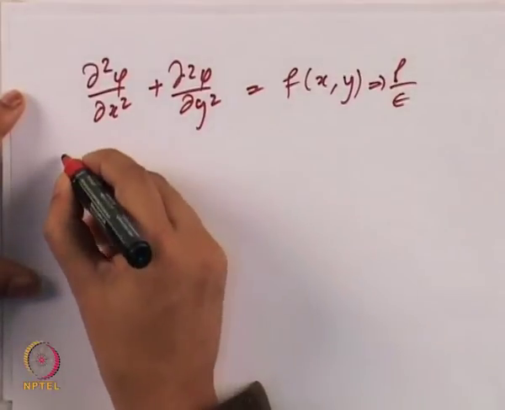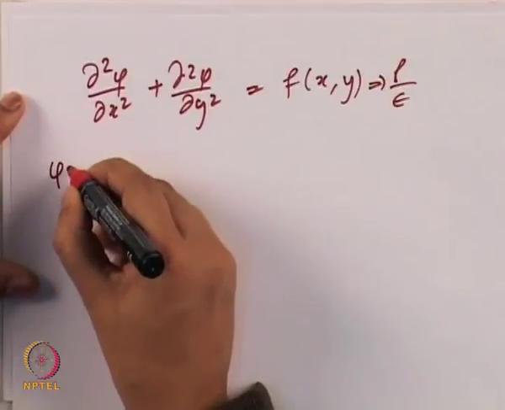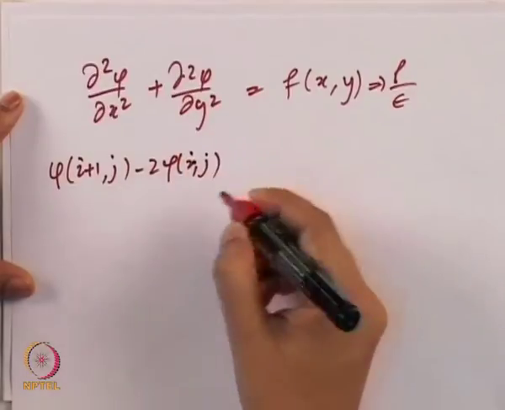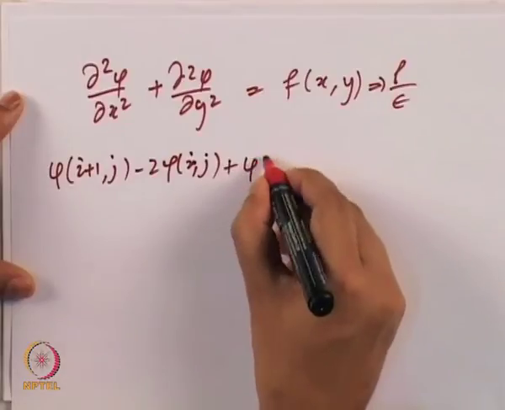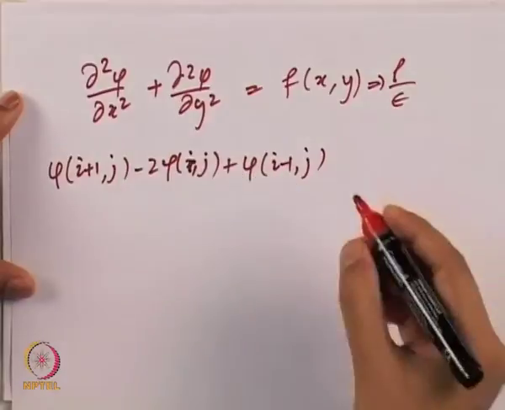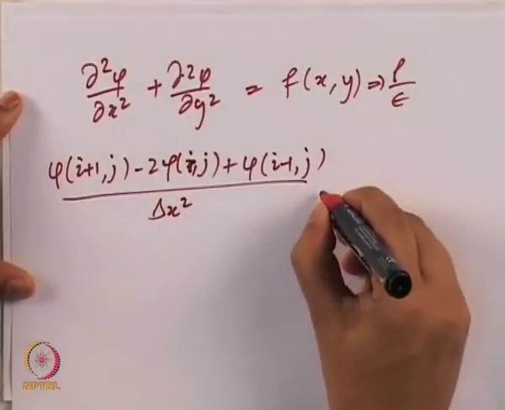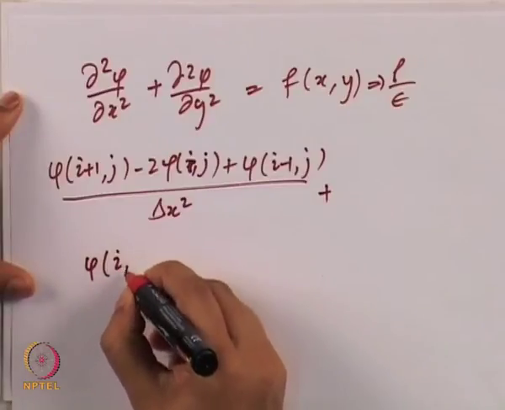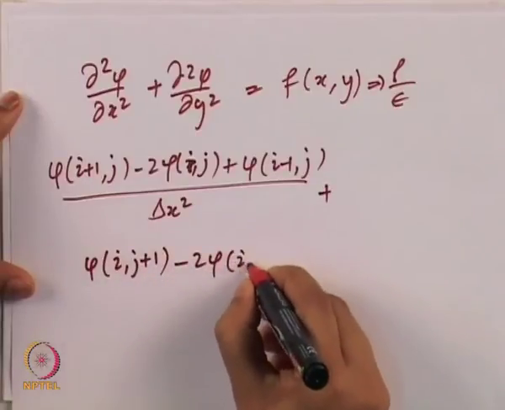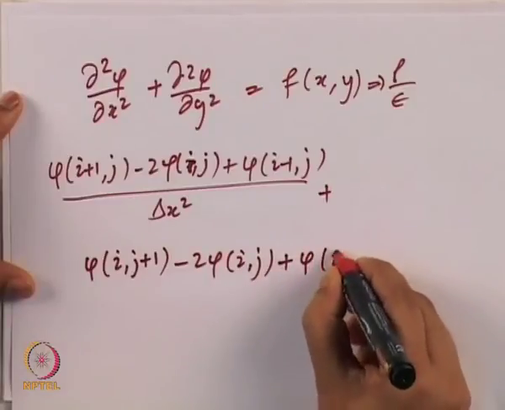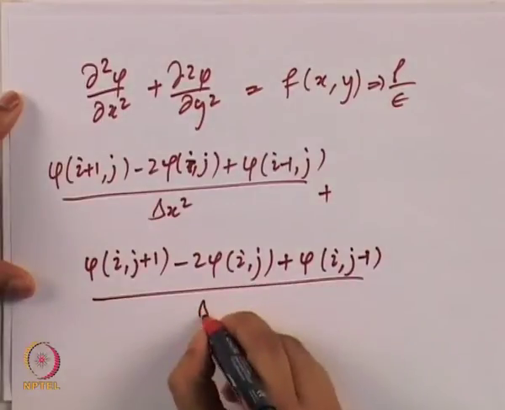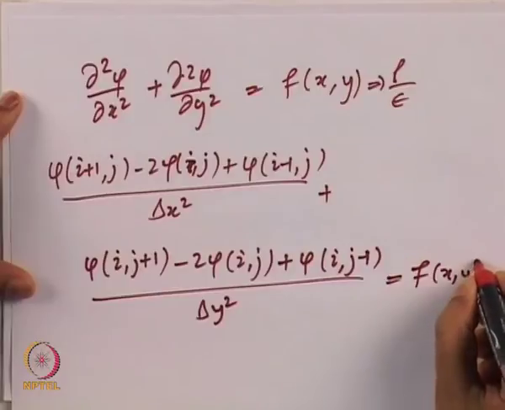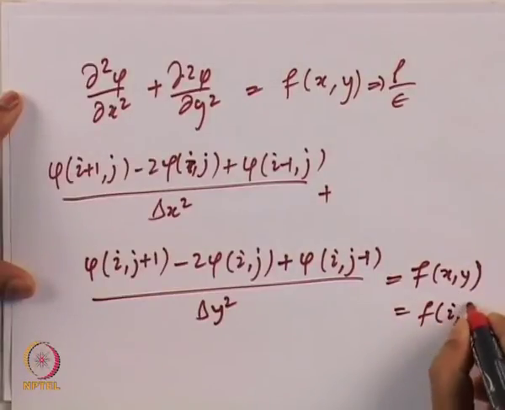And when you are using the central differencing scheme, as we have seen, this will be equal to phi of i plus 1 comma j minus 2 phi of i comma j plus phi of i minus 1 comma j divided by del x square plus phi of i comma j plus 1 minus 2 phi i comma j plus phi of i comma j minus 1 divided by del y square is going to be equal to f of x comma y, which is equal to f of i comma j.